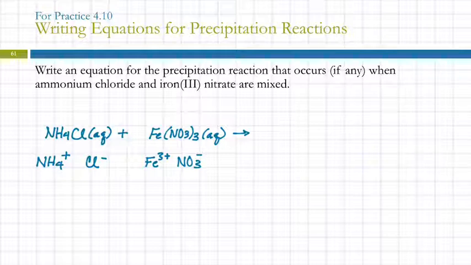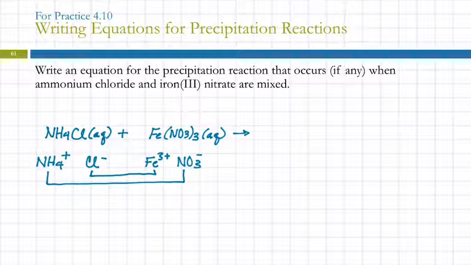Okay, so now what I'm going to do is swap the partners and see if there's any chemistry. So I'm going to see what happens when chloride and iron 3 meet, and what ammonium and nitrate do when they get together.